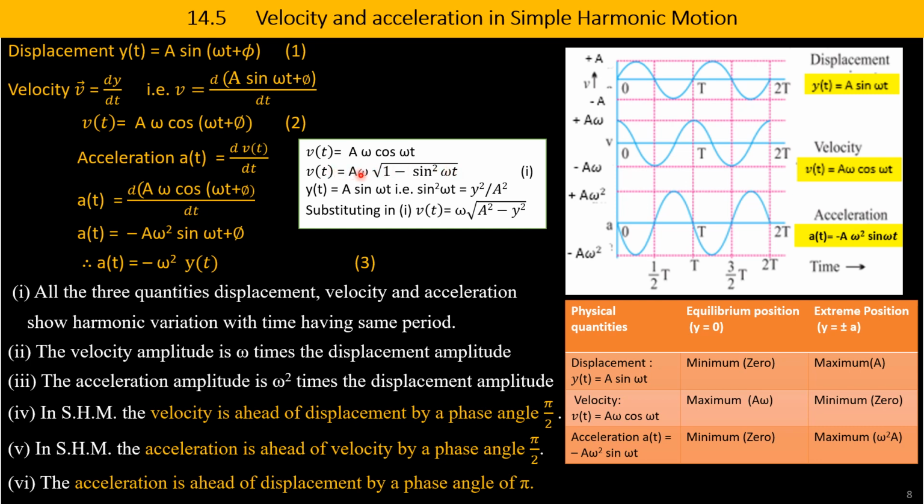Therefore, v of t is equal to a omega into square root of 1 minus sin square omega t. Therefore, we can put the values as sin square omega t is equal to y square by a square, from equation 1. Substituting, we get v of t is equal to omega into square root of a square minus y square.